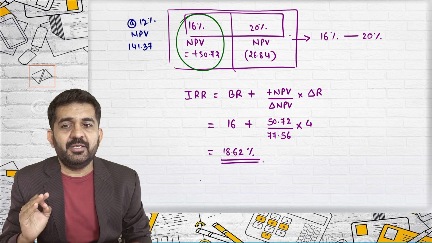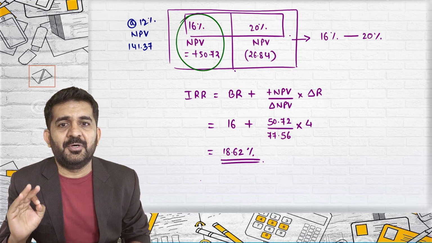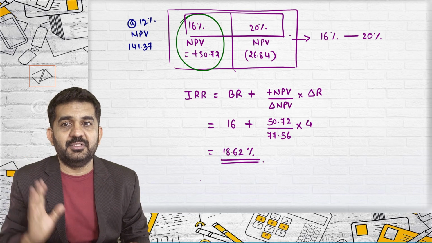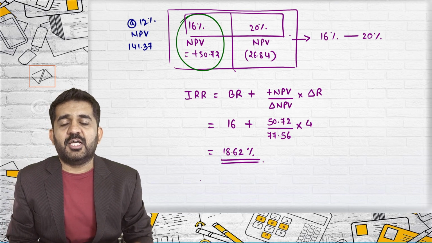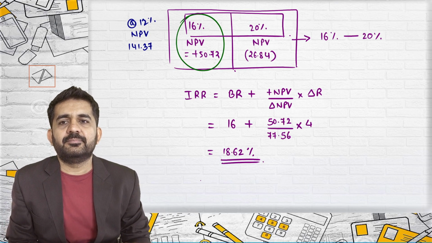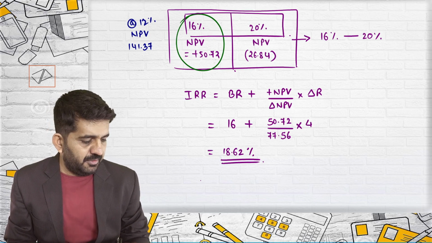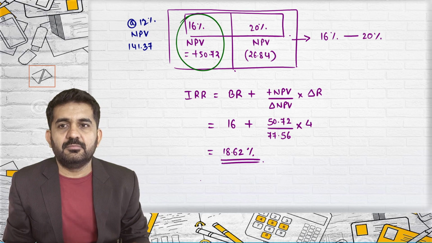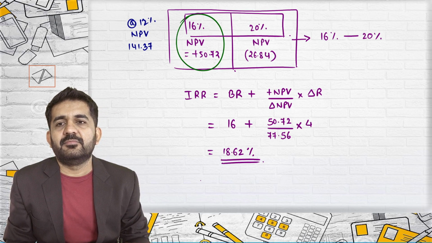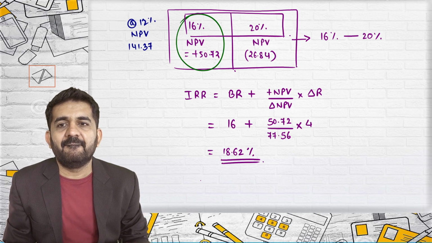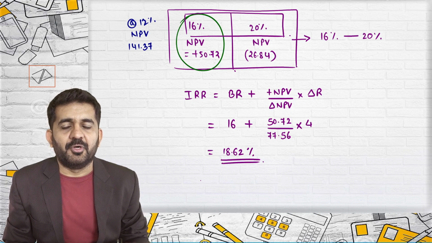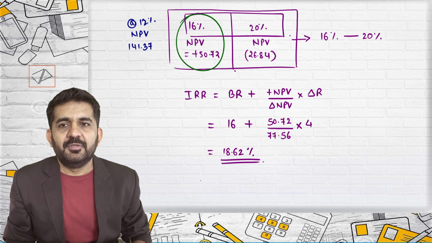Can you tell me what is the project NPV? Last boy, last bench. What is project NPV? Today morning you were saying 0? Okay, I'm not able to hear you.